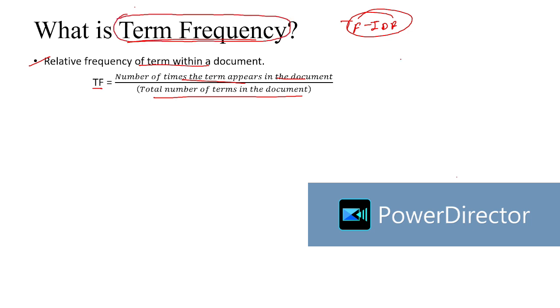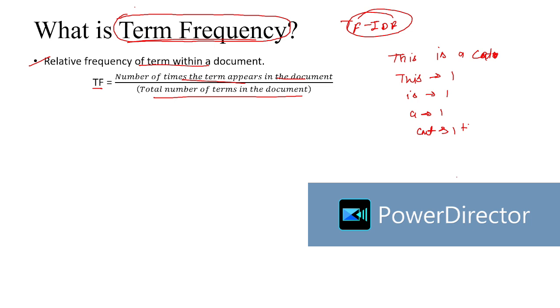Consider you have a document. Let's suppose it is: this is a cat. We have to calculate the frequency of each term. This appears one time, is appears one time, a appears one time, and cat appears one time.